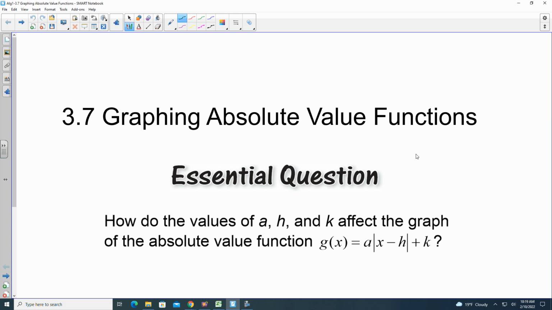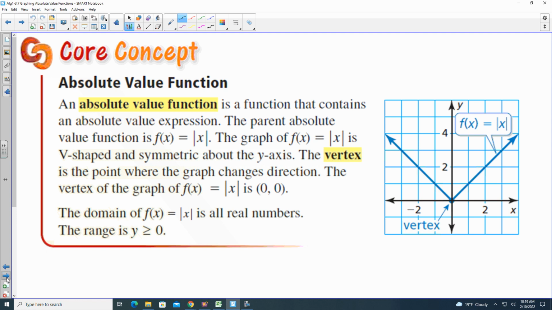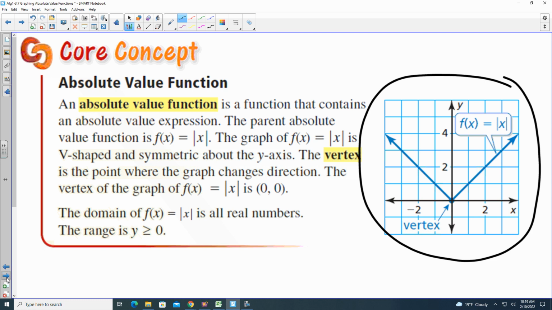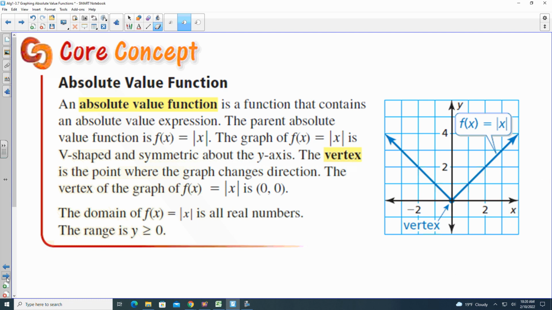But before we get into what the process is in graphing, the first thing we're going to do is look at what a graph looks like when it is an absolute value function. When you notice on the graph shown, the graph appears to be V-shaped. It comes down, it has a stopping point, and then it comes back up. This specific graph is the function f of x is equal to the absolute value of x.